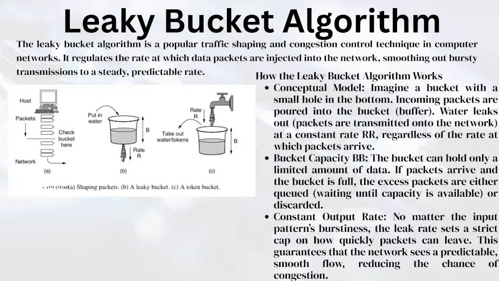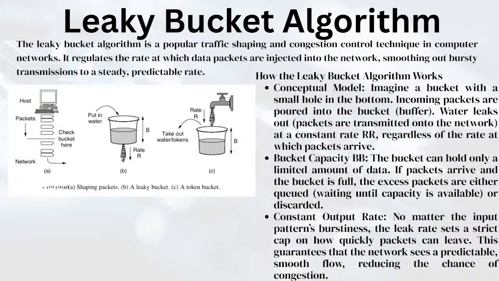The second point that you have to remember is the control part. The leaky bucket controls the output rate. The token bucket controls the amount of data, meaning burst size plus rate. The leaky bucket does not allow any kind of burst. It will send the data at a fixed rate.